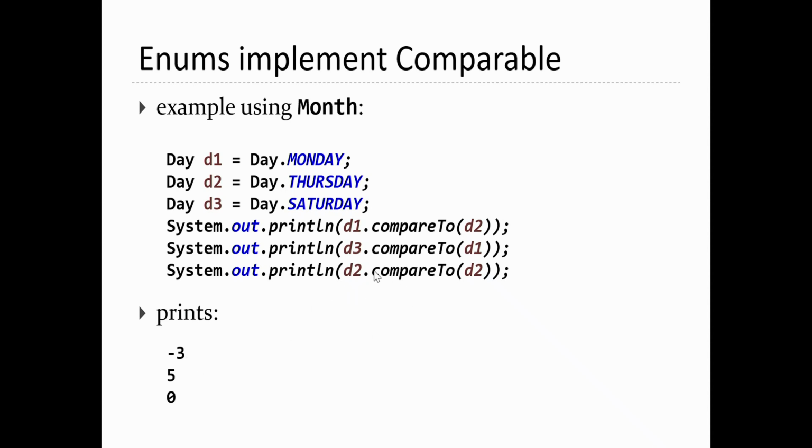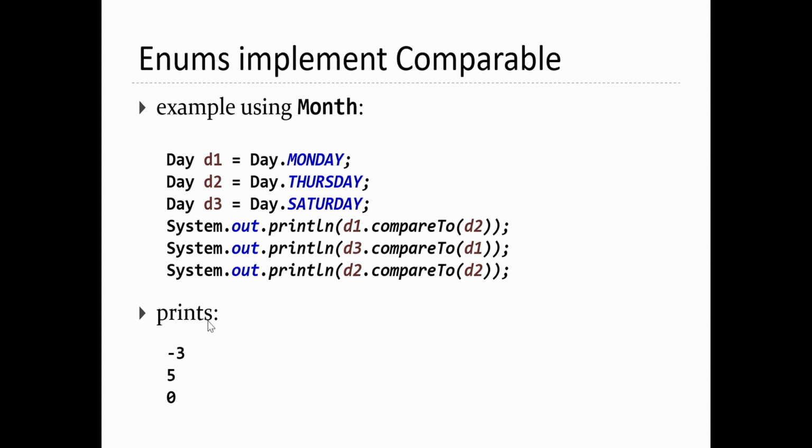If I compare Saturday to Monday, the way my enumeration is set up, Saturday comes after Monday, so Saturday should be greater than Monday, so I should expect a positive number, and I get back 5. When I compare Thursday to itself, so D2 compared to D2, it's the same day, I should get back 0.